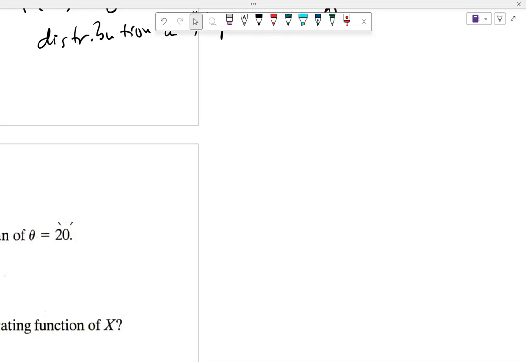Moment generating function, again, by definition, is what? Good. Expected value of e to the tx. Our support for an exponential distribution is 0 to infinity. Again, it's waiting time until first occurrence.